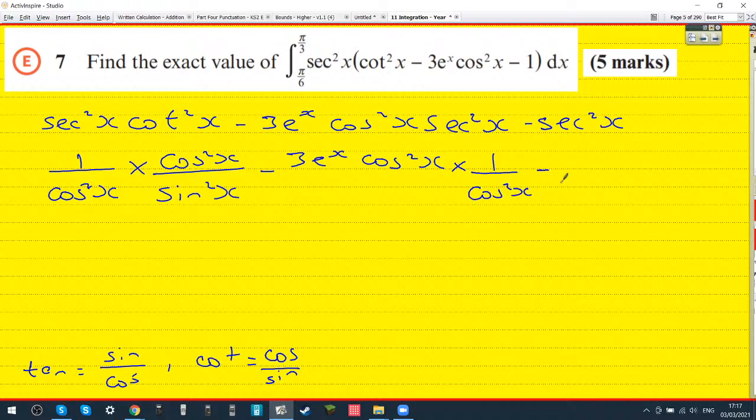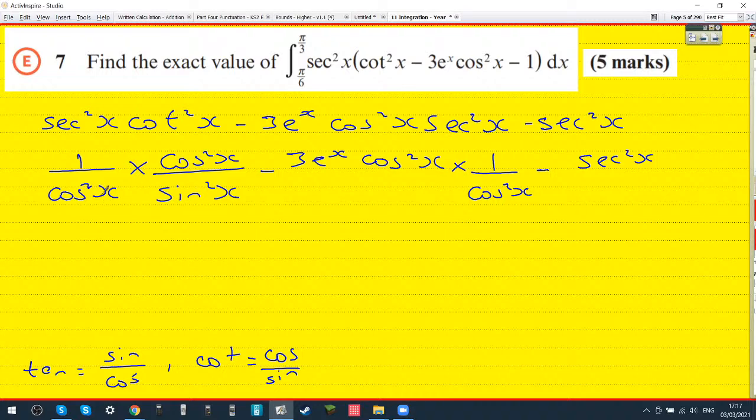And this is minus 1 over cos squared x. So that isn't really affected by anything. Let's just leave sec squared x for now, because I have a feeling that because that's minus, that's just a separate integration. Okay, yeah. It would all work out.